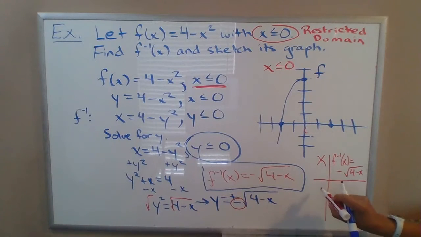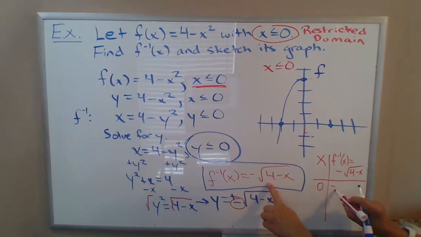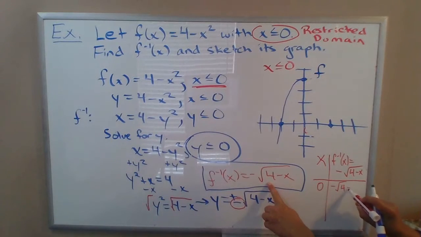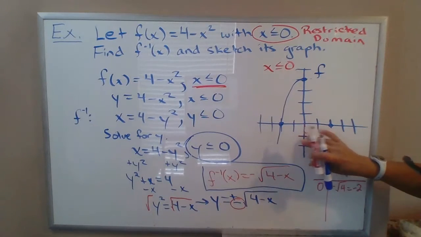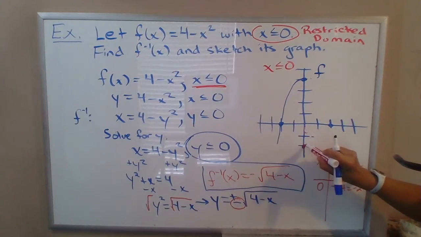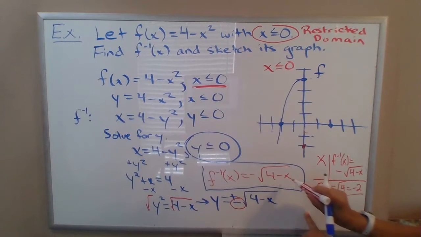So this is negative square root of 4 minus x. So if we plug in, well, here, let's just do this. Plug in x equals 0. Then the output will be negative square root of 4 minus 0. So negative square root of 4, negative 2. So we can plot a point at (0, -2), right here. Let's say we plug in x equals, I don't want to plug in x equals 1.